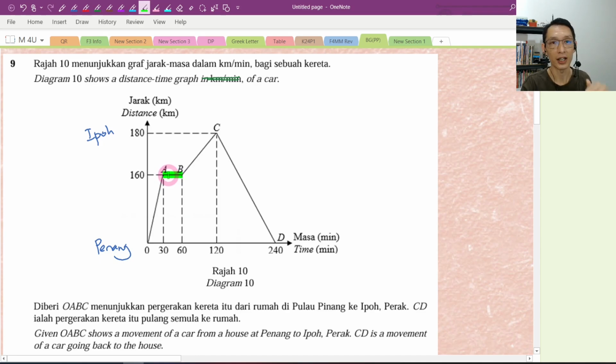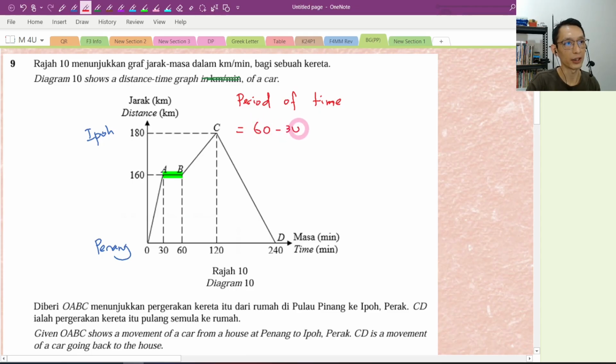So it means that the car stopped there. Okay, stationary. The period of time will be 60 minus 30. So you will get 30 minutes. This is the answer for part A.